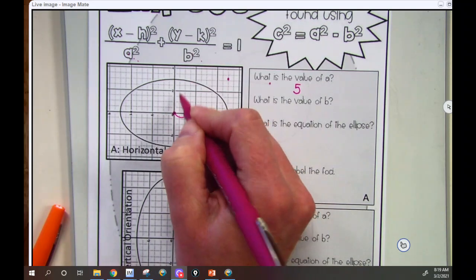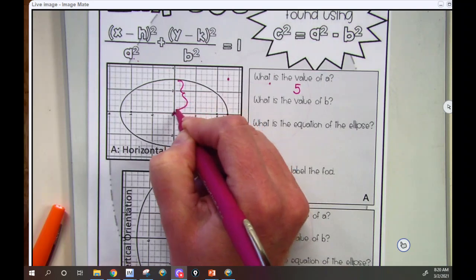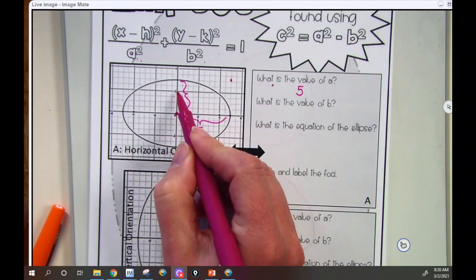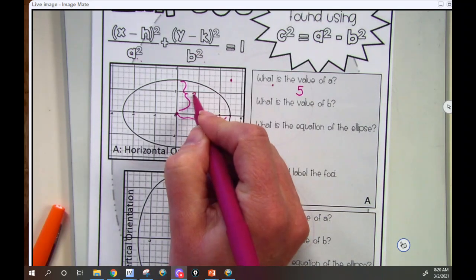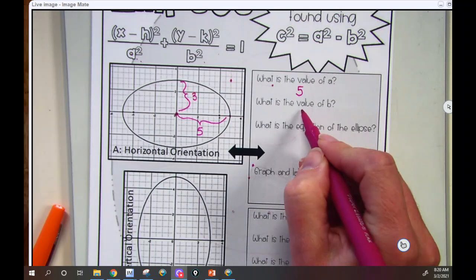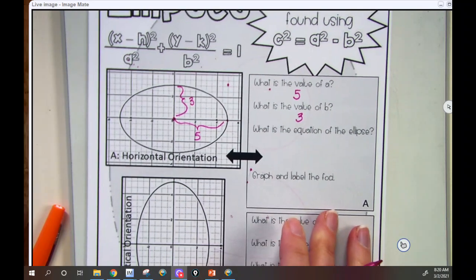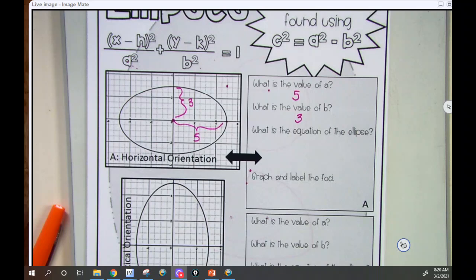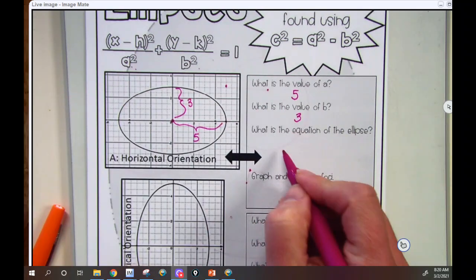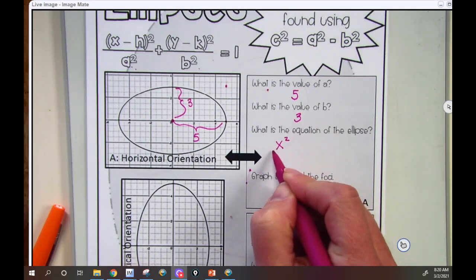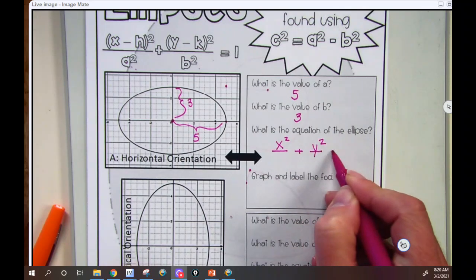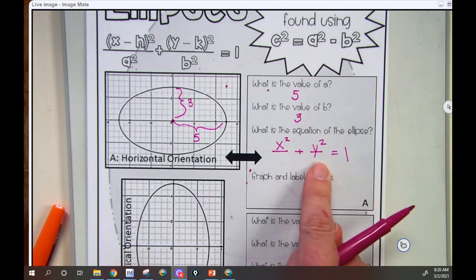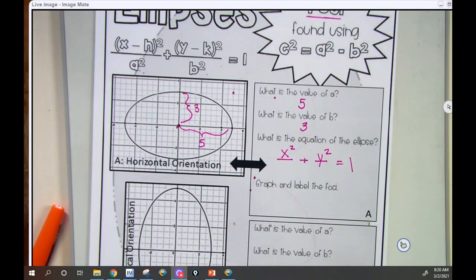All right, let's do the same thing on the y-axis. Remember, it's counting in twos, so I'm pretty sure that goes through the 3. So my value of b is 3. What is the equation of the ellipse? I'm not moving left or right or up or down, so I know it's x squared plus y squared equals 1, and I've got to figure out what goes underneath the x and the y.